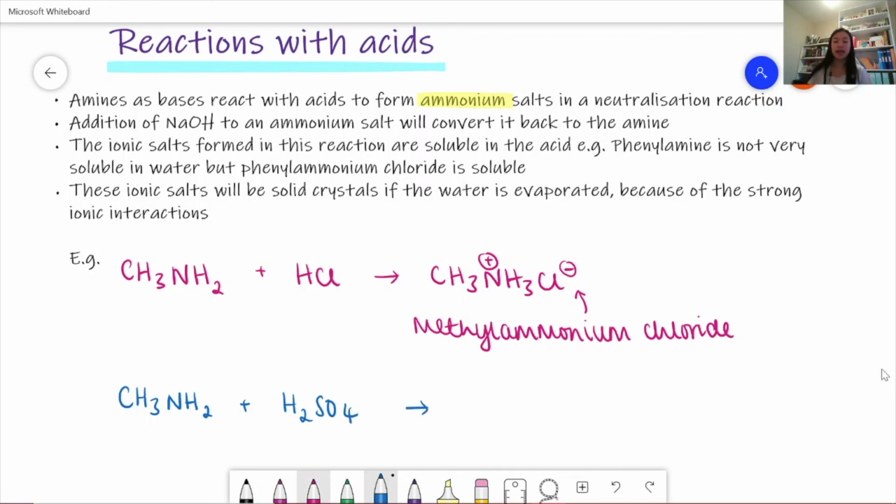What this means is that for every sulfuric acid we have to have 2 of these methylamines, because we can only provide 1 CH3 NH3 plus ion for every methylamine we have. And so what we form is CH3 NH3 plus, and we have 2 of these, and then we have the SO4 2 minus. And now the charges will balance out. So this is methyl ammonium sulfate.